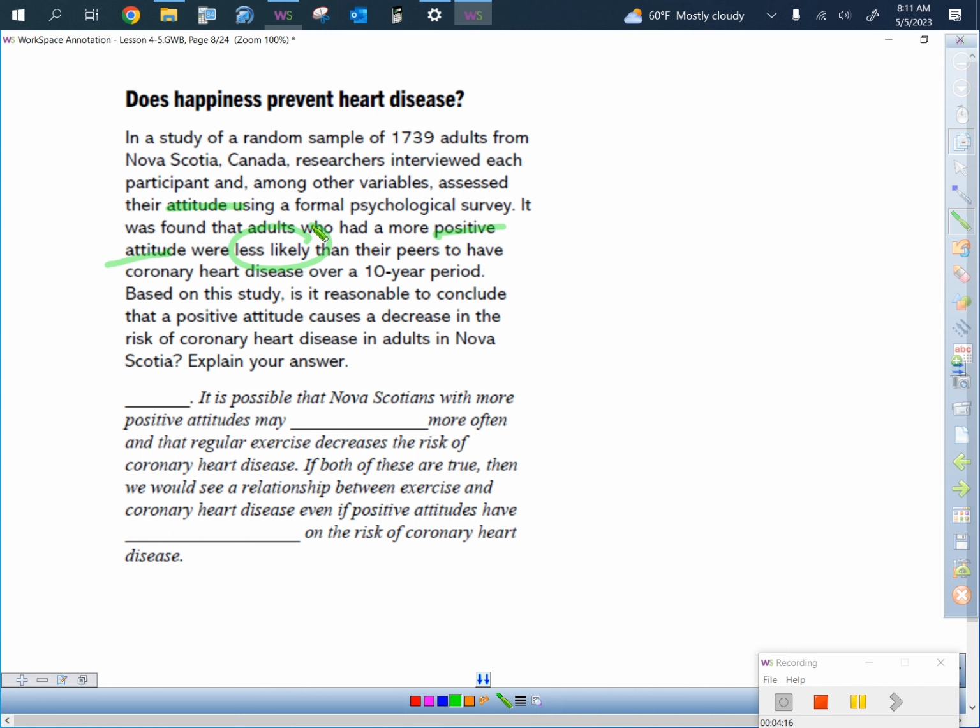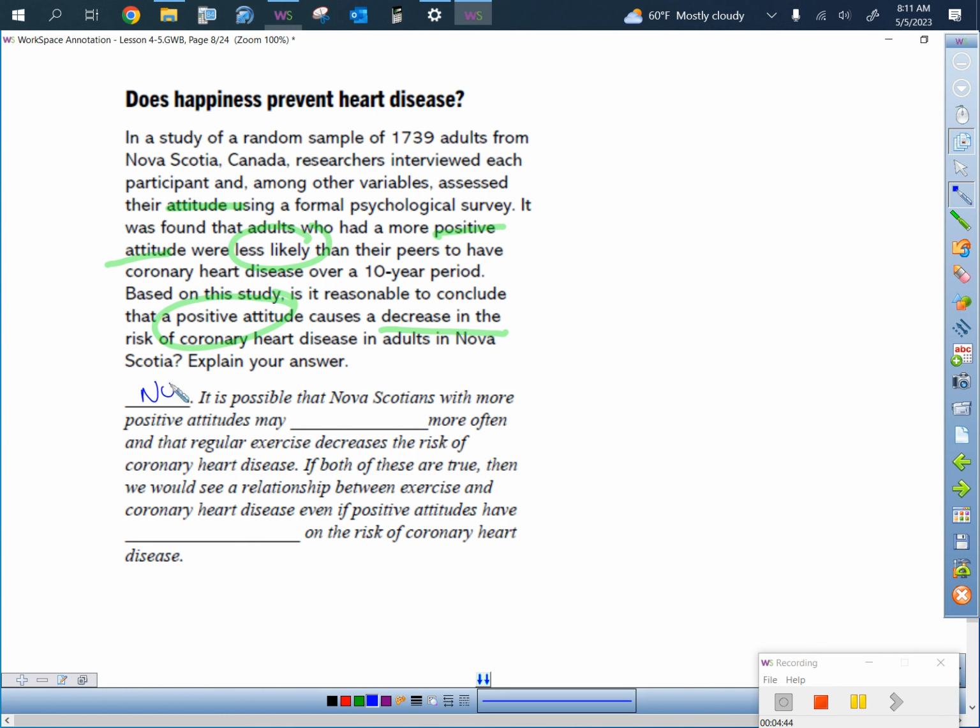Holy cow, they studied them for 10 years. Based on this study, is it reasonable to conclude that a positive attitude causes a decrease in the risk of coronary heart disease? Again, for the confounding part: is the positive attitude the only thing that would have caused that, or could there have been something else? The answer to this is going to be no.